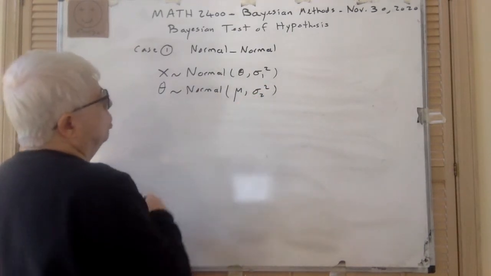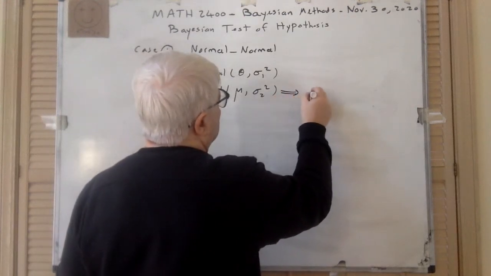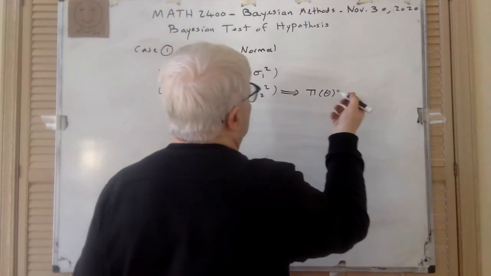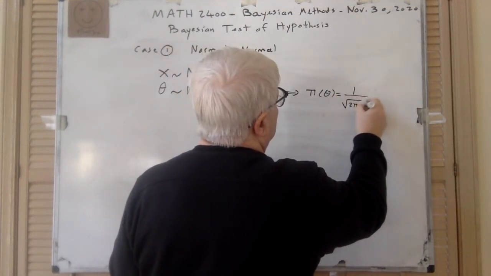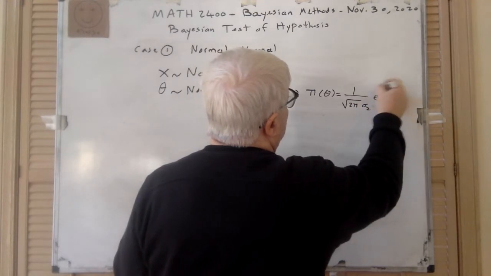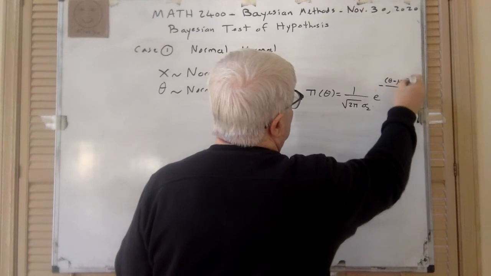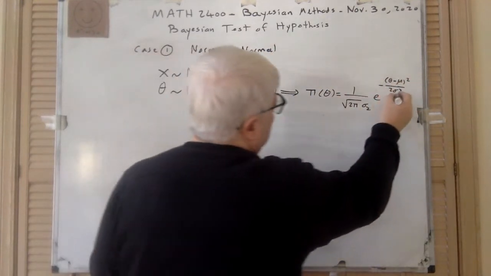Now, if I do that, this gives me pi theta. And remember that pi theta will be something like 1 over square root of 2 pi sigma 2 times e to the power minus theta minus mu squared over 2 sigma 2 squared.